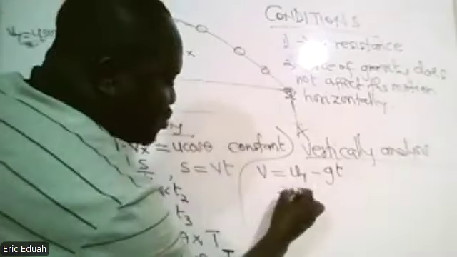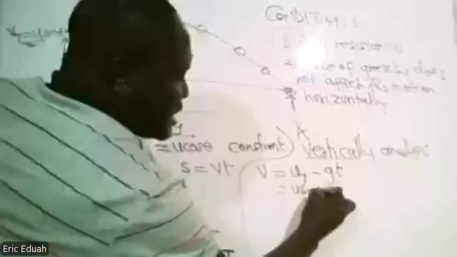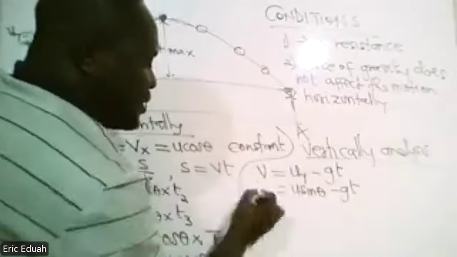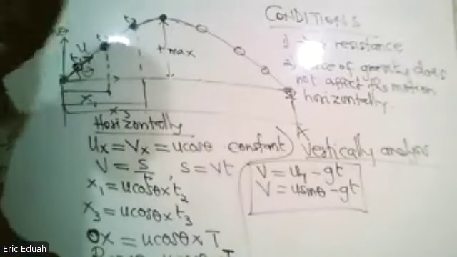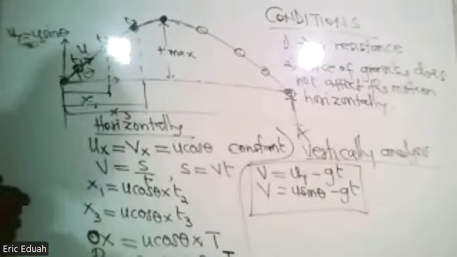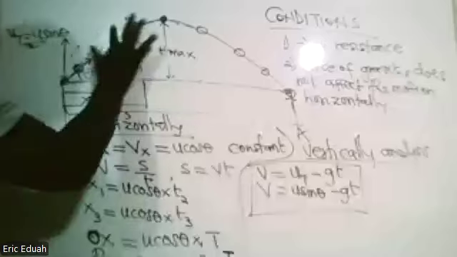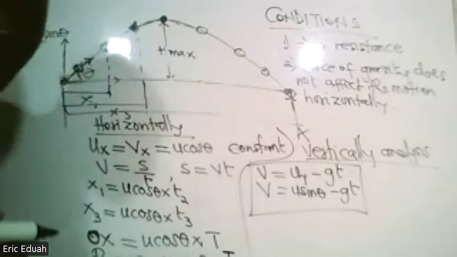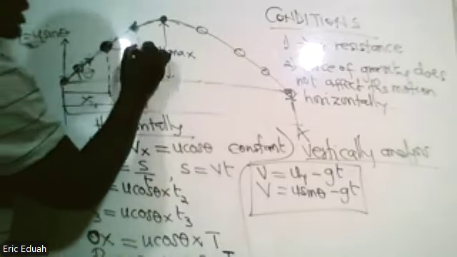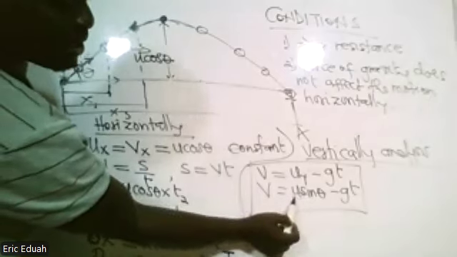This is the expression we use to determine the body's vertical velocity at any time t. What it means is that for a projectile, there are always two velocities acting on it: the horizontal velocity, which is always constant, u cos theta, and the time-dependent vertical velocity, V.